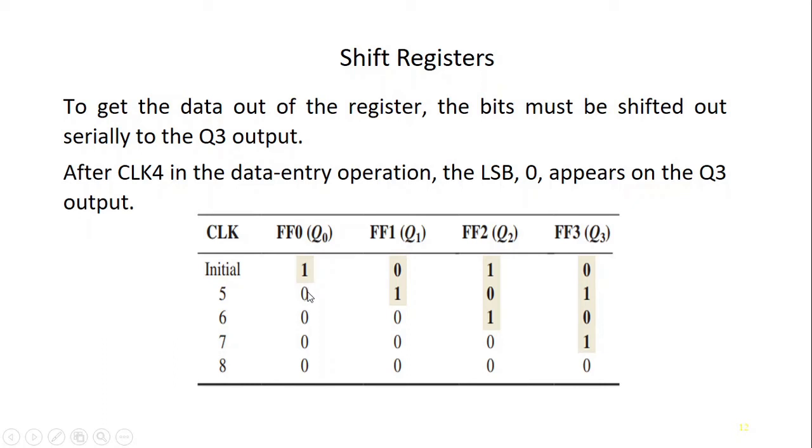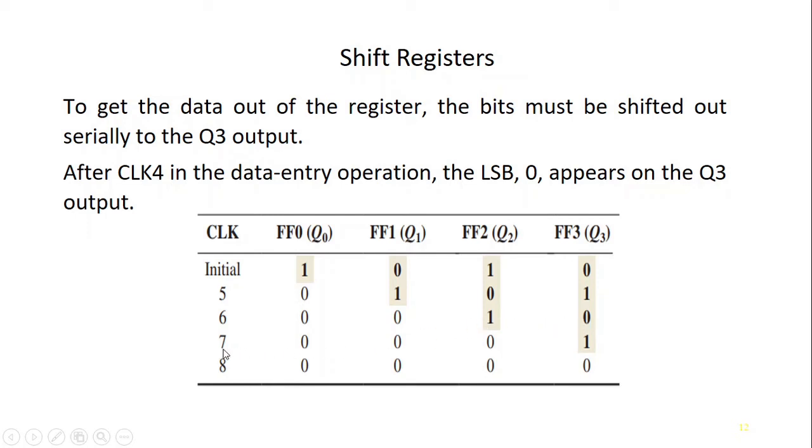In the 5th clock pulse, the contents of the flip-flops are shifted right 1 bit position. That means FF3 becomes 1, FF2 0, FF1 1, and there is nothing to be loaded in FF0, so that is loaded with 0. In the 6th clock pulse, FF0 and FF1 are loaded with 0, and the other two hold 0 and 1.